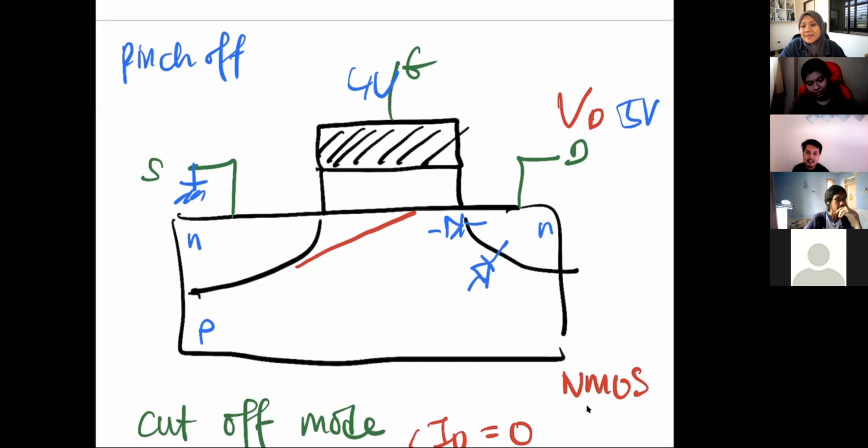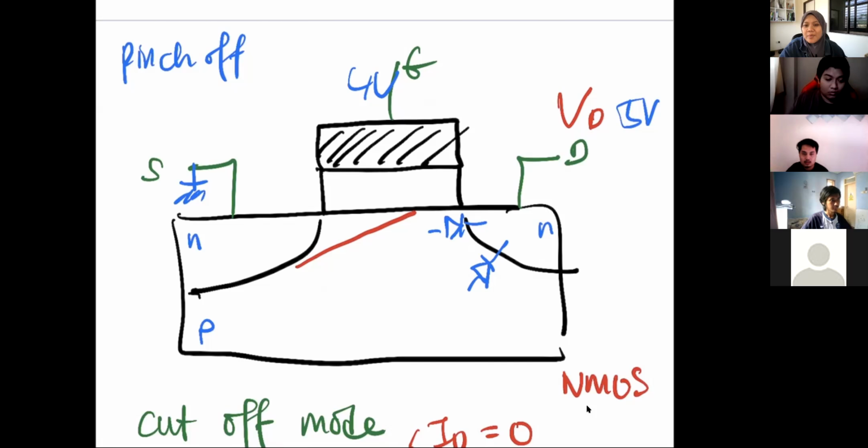Muhammad, can you explain the pinch off? I do not get it. So as the VDS increases, there will be a voltage drop across the gate oxide at the drain side because VGD equals VDS minus VGS.